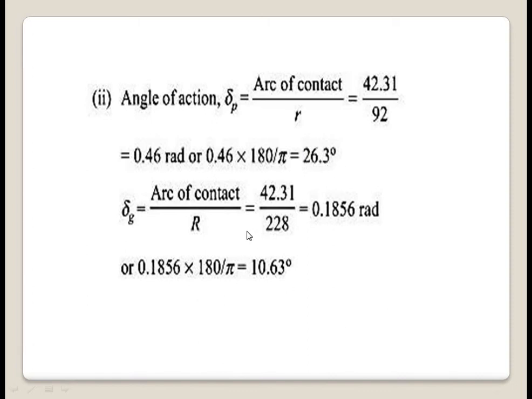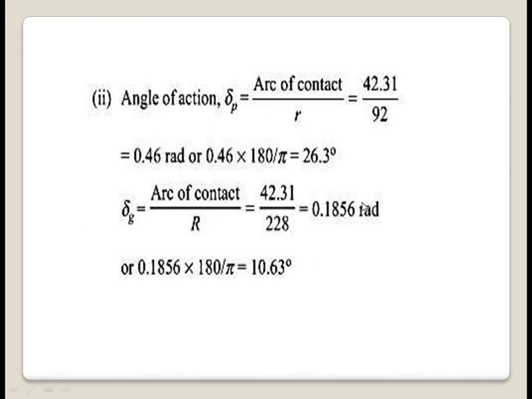Okay, now next is the angle of action for the gear. So delta g is the angle of action for the gear. The angle of action for the gear is equal to the arc of contact divided by the radius of the gear. We have the value of the arc of contact, that is 42.31, divided by the value of capital R, 228.